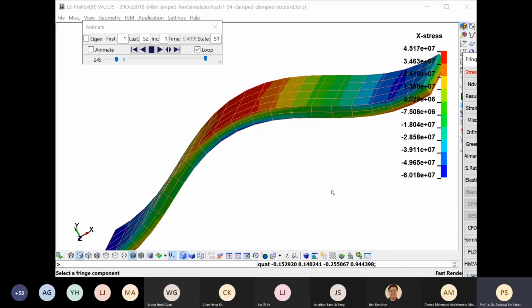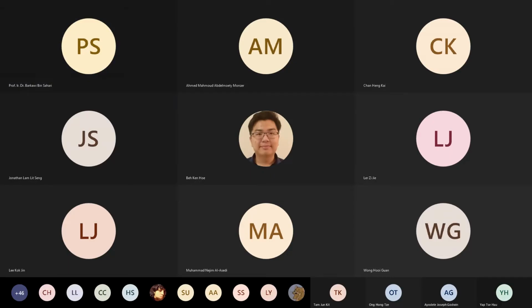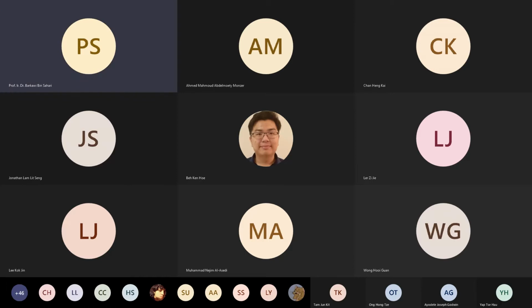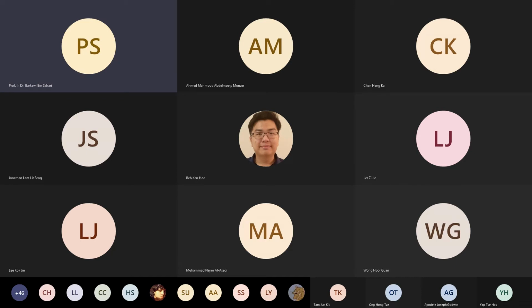Okay, now let's look at the other two conditions. So we have already seen pin, clamp. Now let's look at the other condition. Free clamp, or clamp free condition.